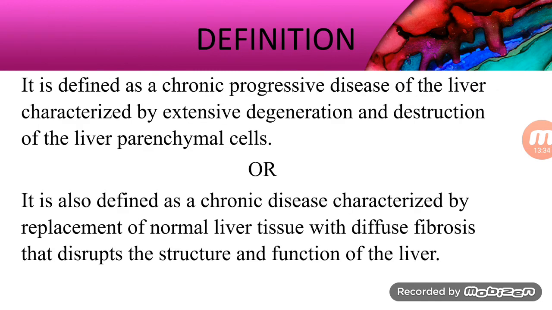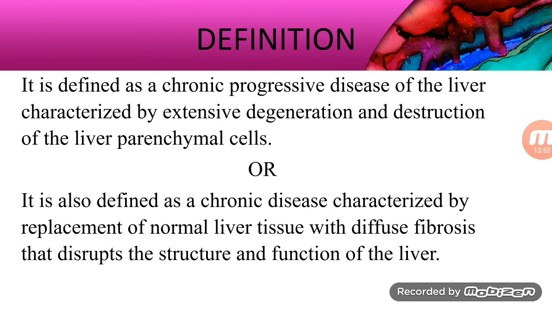Next we will see the exact definition. First one, it is defined as a chronic progressive disease of the liver characterized by extensive degeneration and destruction of the liver parenchymal cells.